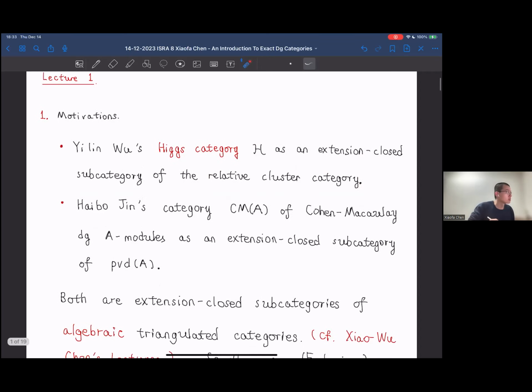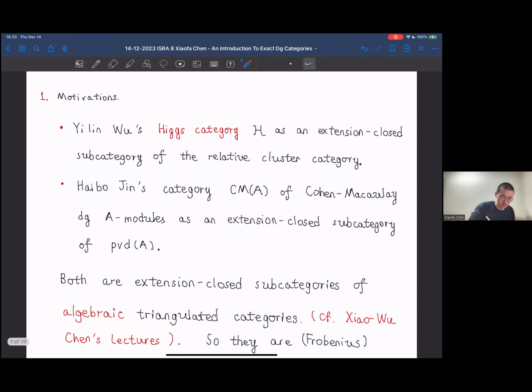The second class is the hypogeneous category of cohomological dg modules, and it is an extension-closed subcategory of the perfect derived category of a certain dg algebra.